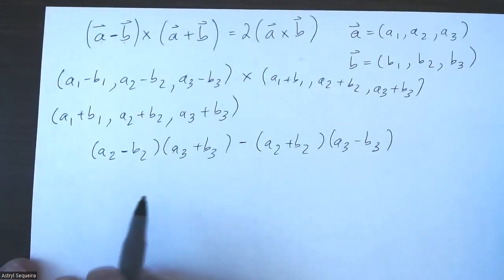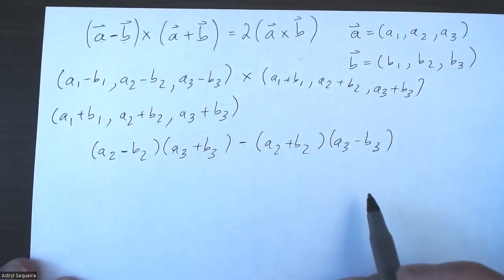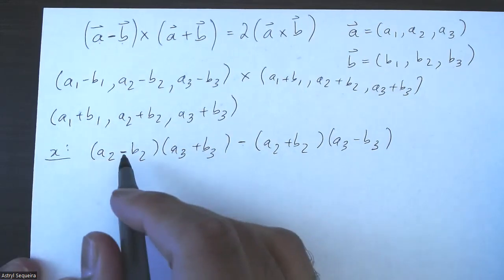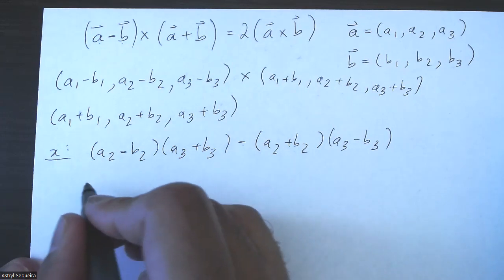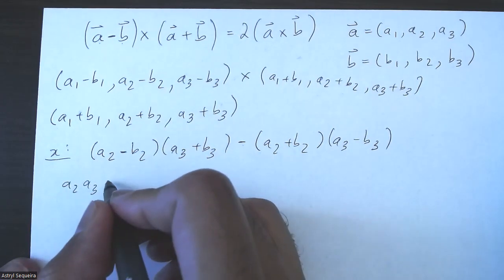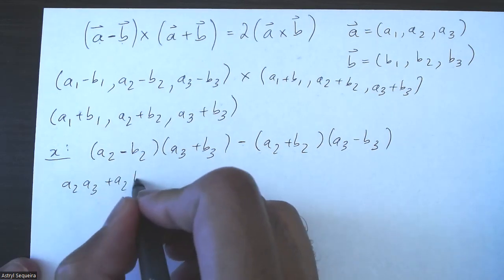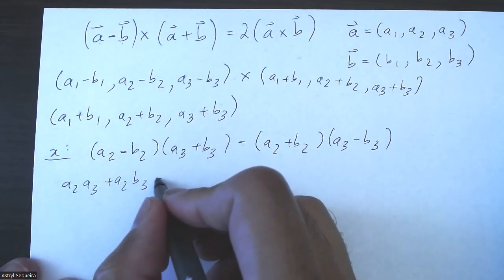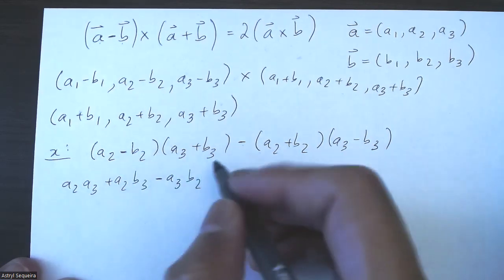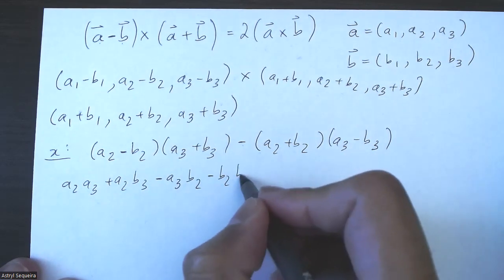So now I can expand this out with FOIL. Remember, this is my X component. So I'm going to FOIL out these two brackets over here. I'll have A2A3 plus A2B3 minus A3B2 minus B2B3.